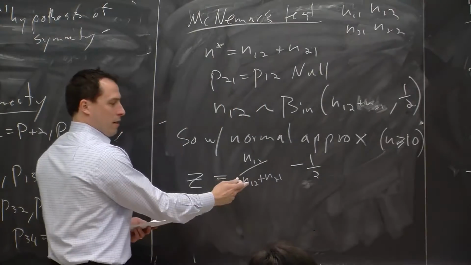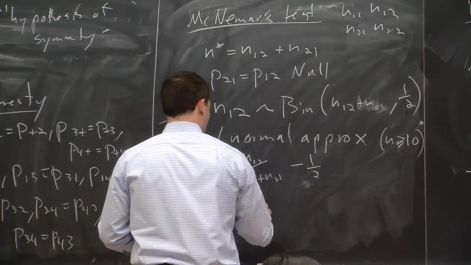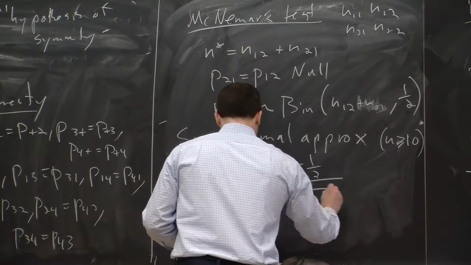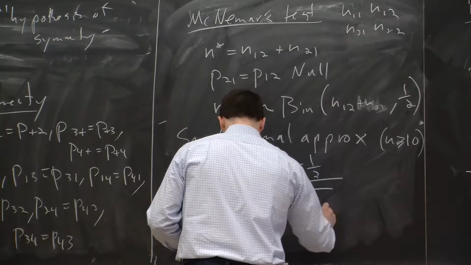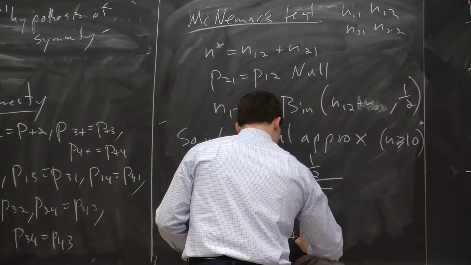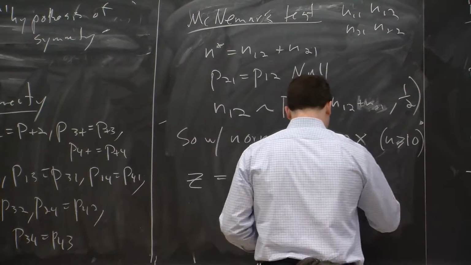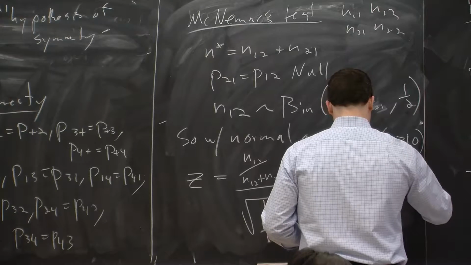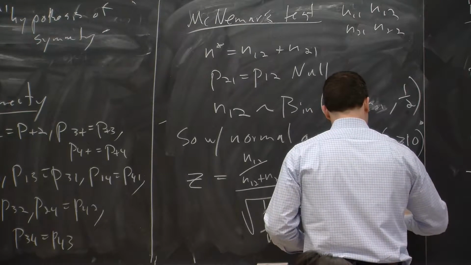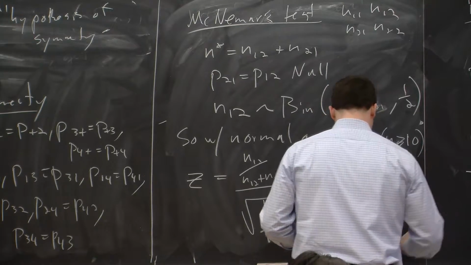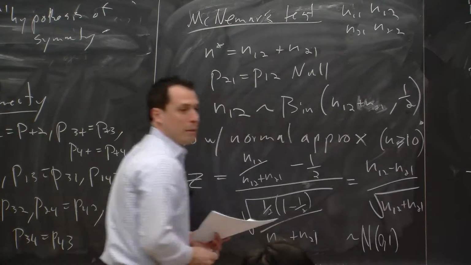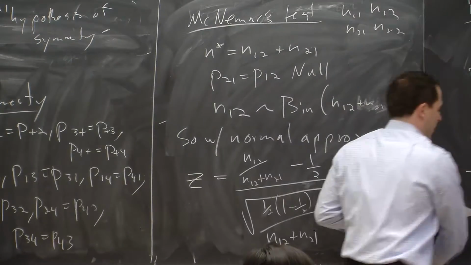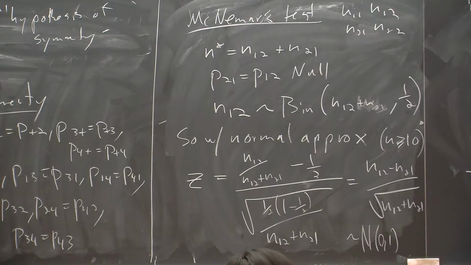So that's our computed value, and that's our expected value of the proportion, over the square root of 1/2 times 1 minus 1/2. This is the variance. So that's just N12 minus N21 over the square root of N12 plus N21, and that thing is distributed normal 0, 1 approximately. And it's a good approximation because p is equal to 1/2, which is where that works the best.